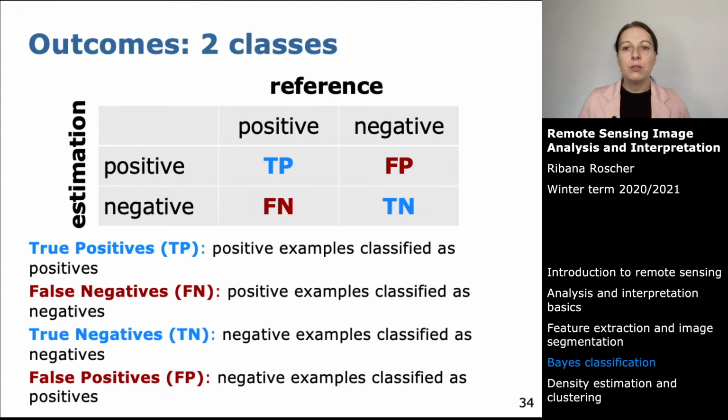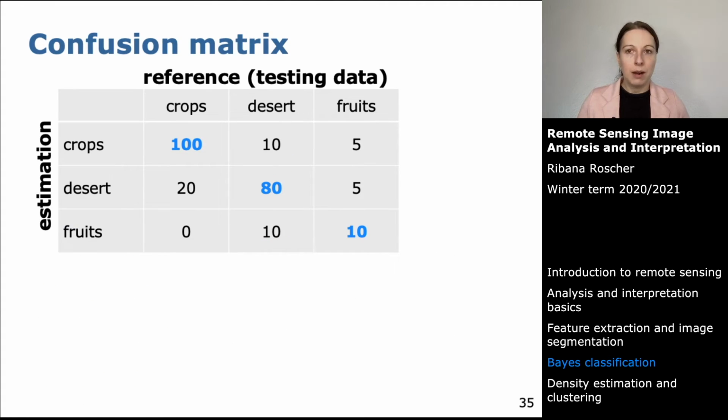And you can do this also for more than 2 classes. But now we do not speak about positive and negative. We just talk about the classes. And here again, I want to point out, you only do this for the testing data, except if you're interested in the training accuracy. But for evaluation, you need to have a look at the testing data.